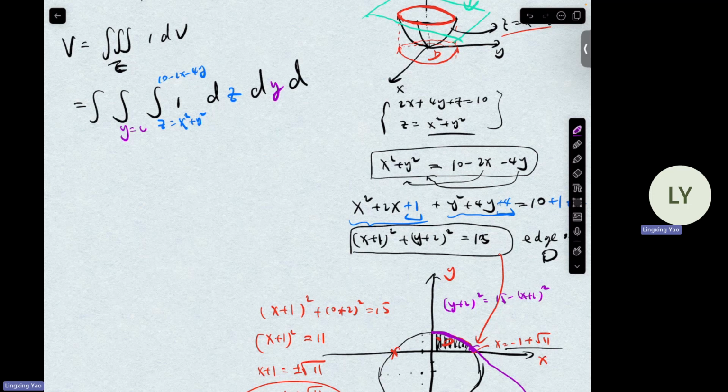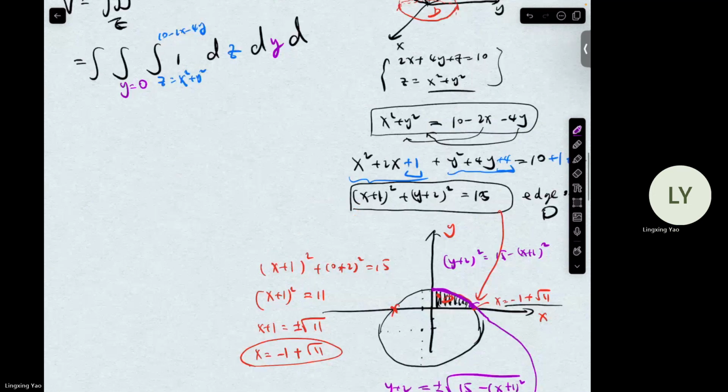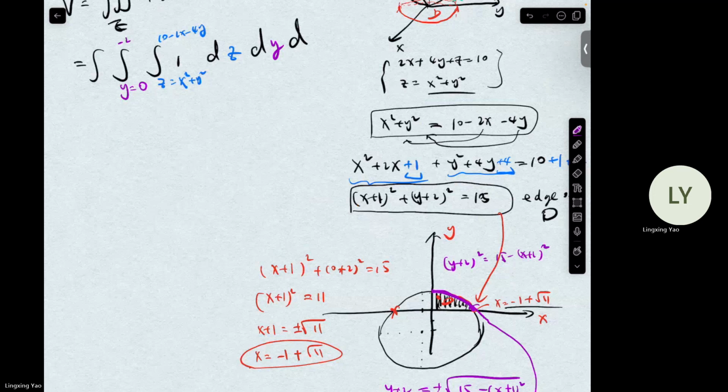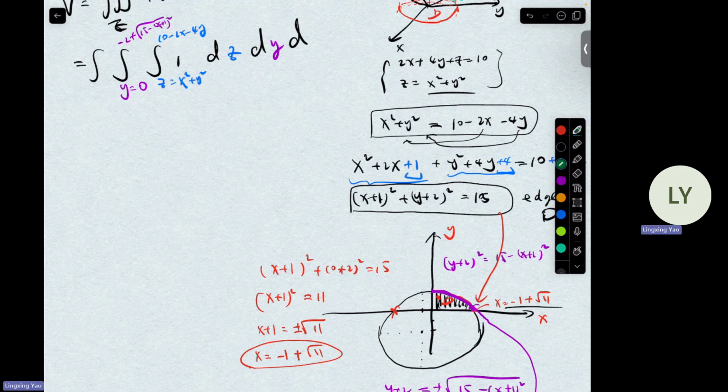Y is between 0 and the one we just solved over here, -2 plus square root of 15 minus x plus 1 squared. All right, so the last one will be for the x variable, which is between 0 and this, square root 11 minus 1. So this is how we set it up.